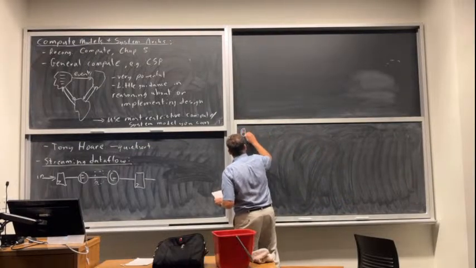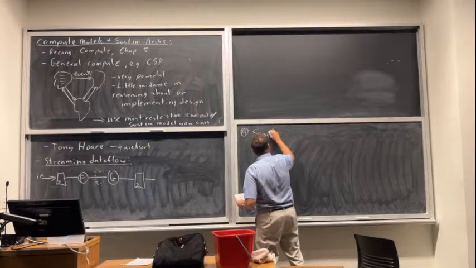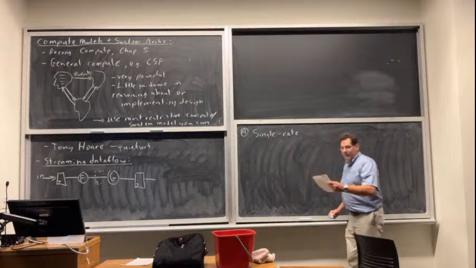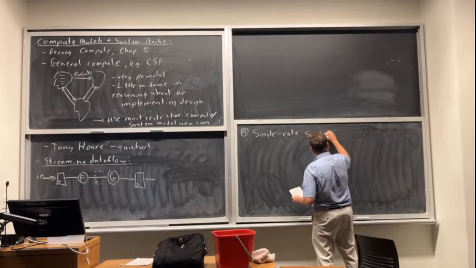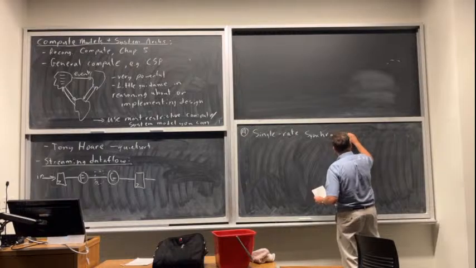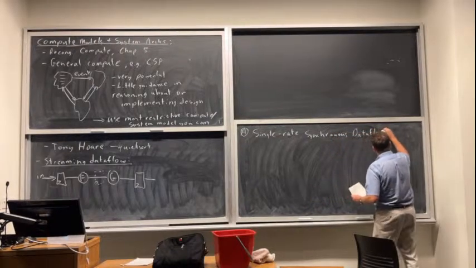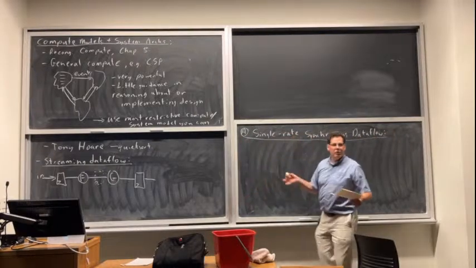Okay, so let's call this model A, and it's called single rate synchronous data flow. Okay, and exact names aren't super important.